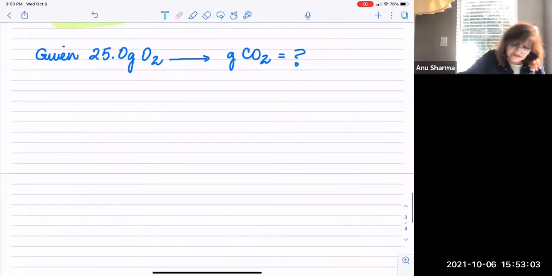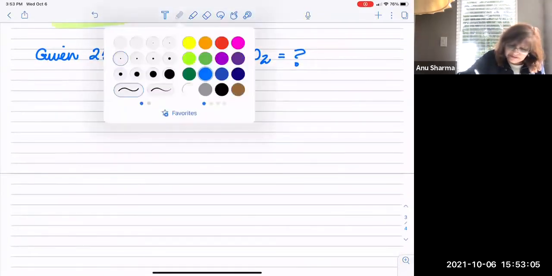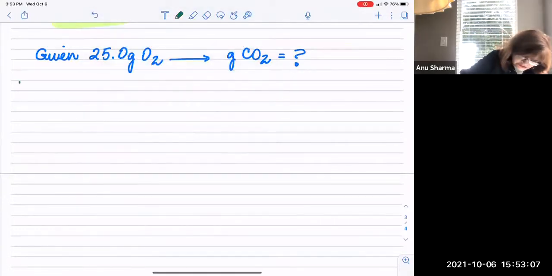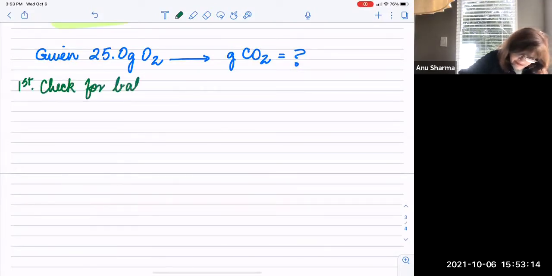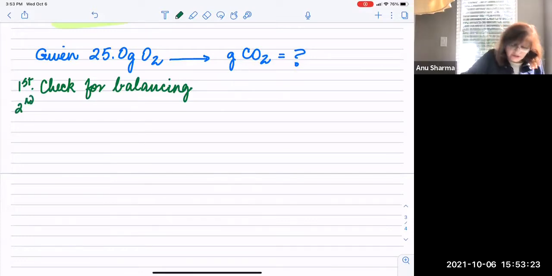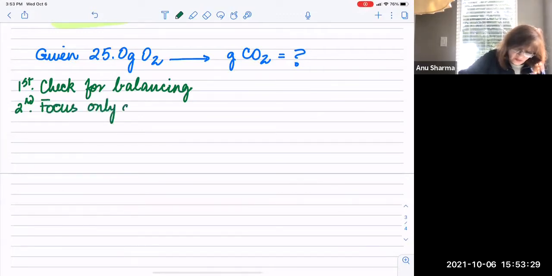So let's do this, a few things here. In this case, always first check for balancing, and if it's not balanced, you balance it. Second, you are going to focus only on 2 entities in question.